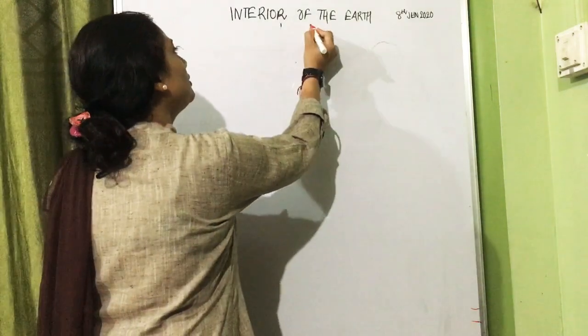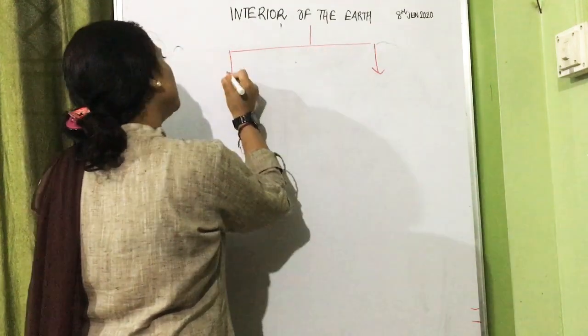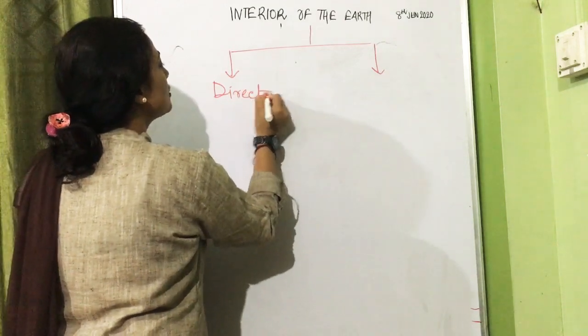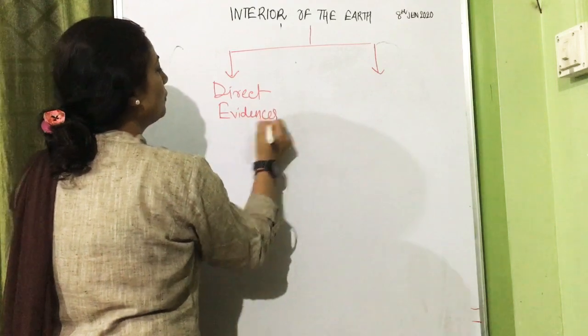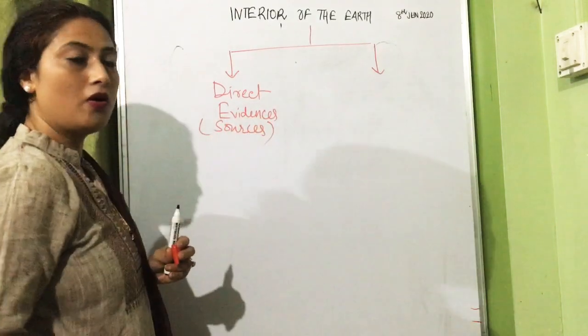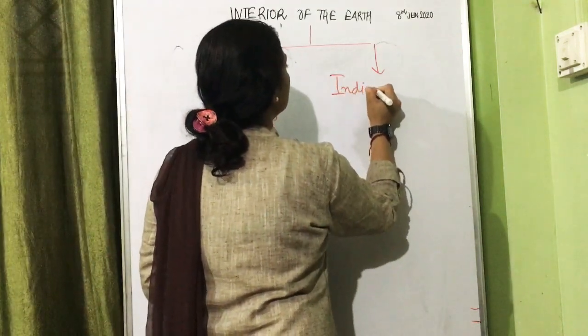If you want to gather knowledge regarding the earth's interior, you have to divide your sources into direct evidences, or direct sources of information, or we can depend on indirect sources.